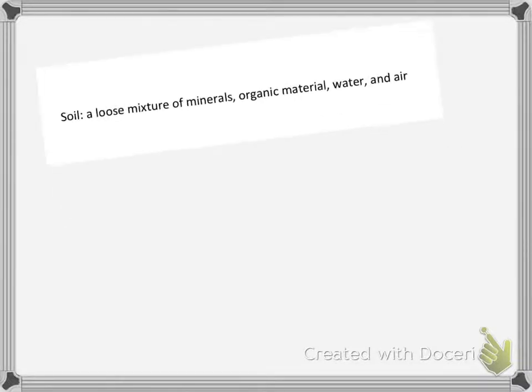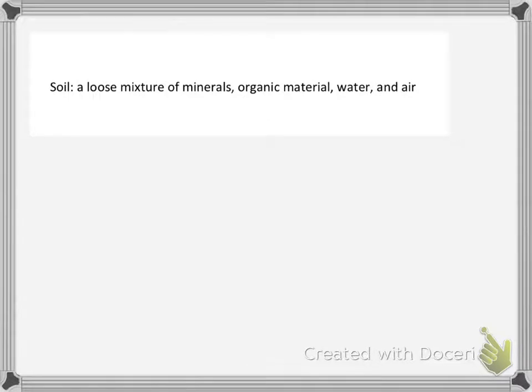Okay, now moving on. Beyond mechanical and chemical weathering, we also talked about soil and bedrock. So some of the key points here: soil is just a mixture of minerals, organic material, water, and air.